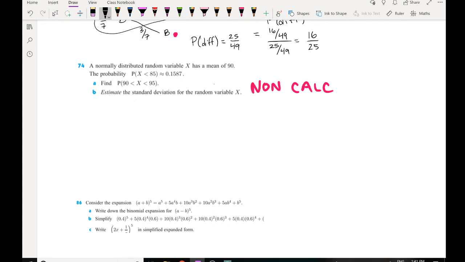Because if you had a calculator, this is straightforward. It's also why they have put the emphasis on estimate here, because you aren't going to find the standard deviation exactly, but you are going to get pretty close.